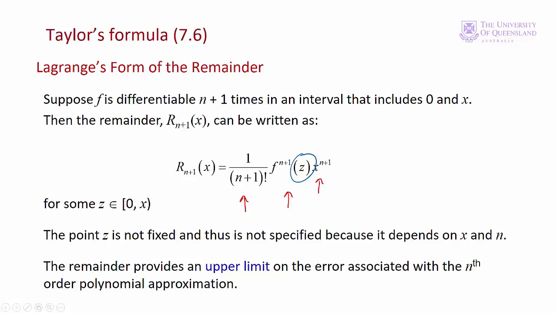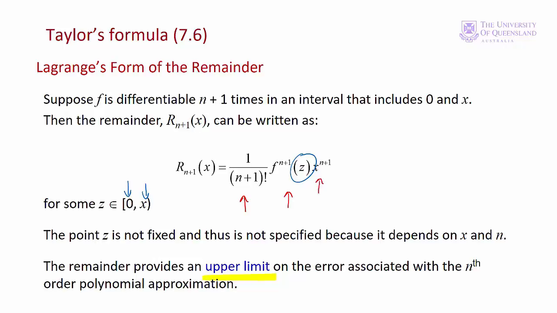Remember, in this case, we're finding an approximation for the function where x is close to 0. z lies somewhere between 0 and the x we're evaluating the function for. We can't find the exact value for R, but what we can find is the upper limit that we'll take. So that gives an upper limit to the error associated with our approximation. In other words, the error will be at most R.